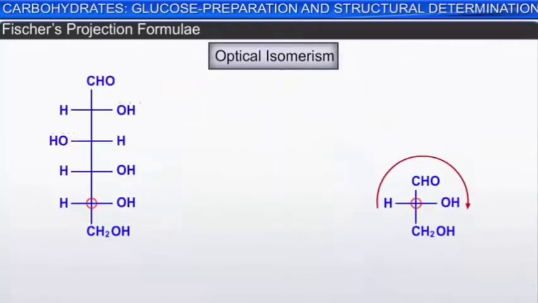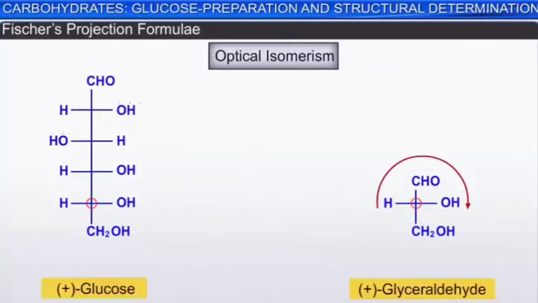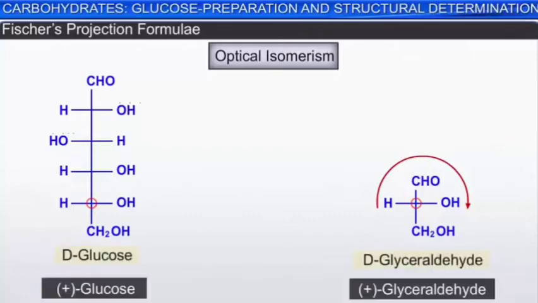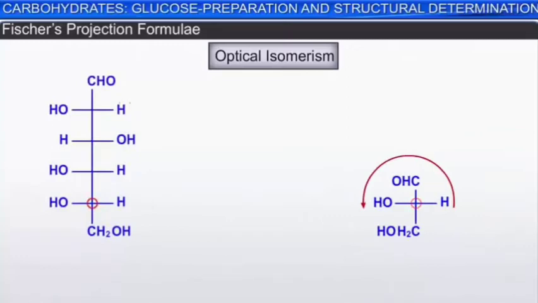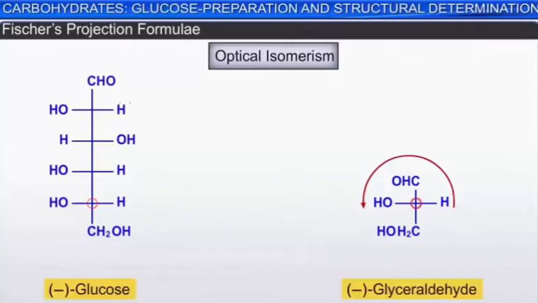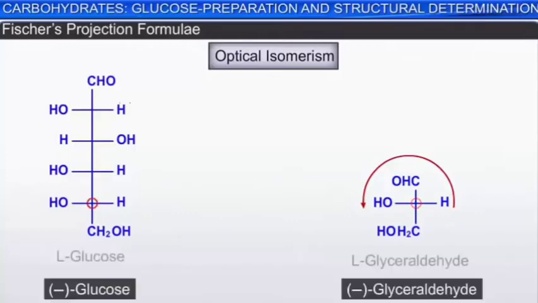The carbohydrate or monosaccharide that can be chemically correlated to the plus isomer of glyceraldehyde is said to possess D configuration. And the carbohydrate or monosaccharide that can be chemically correlated to the minus isomer of glyceraldehyde is said to possess L configuration.